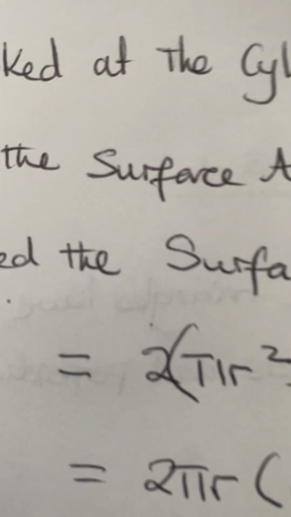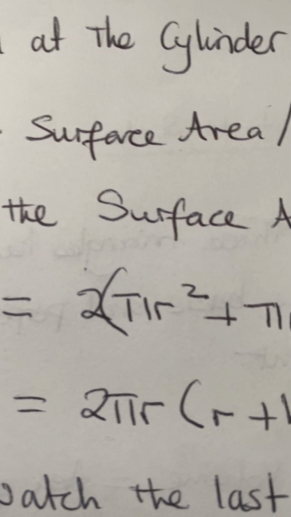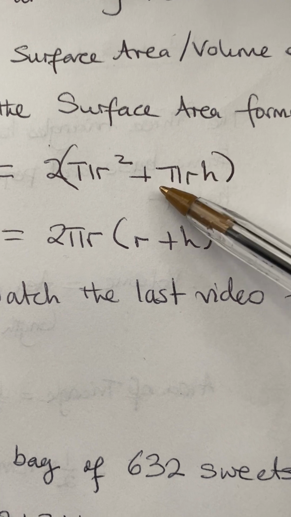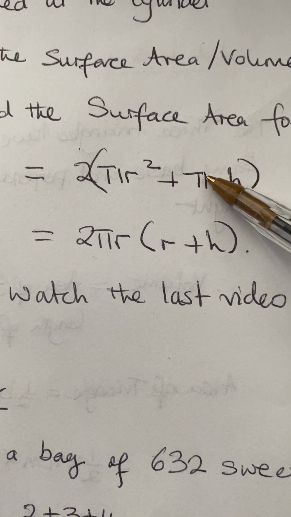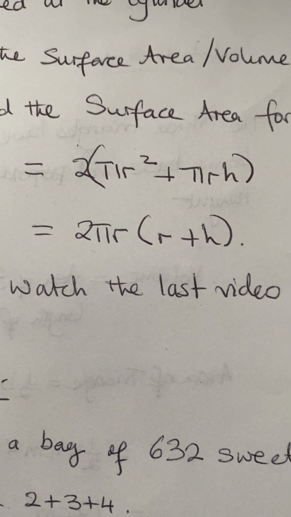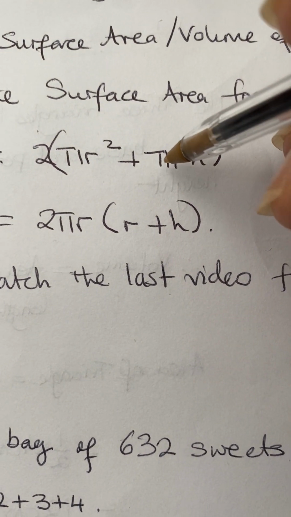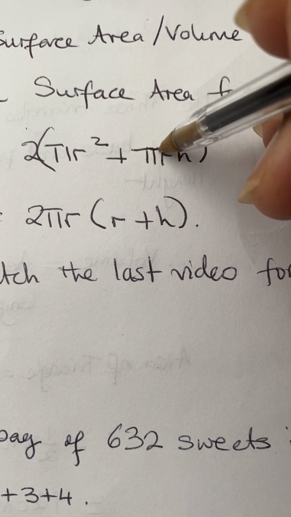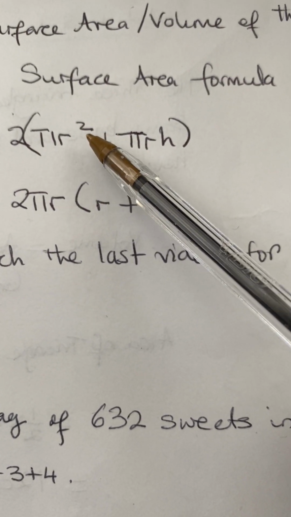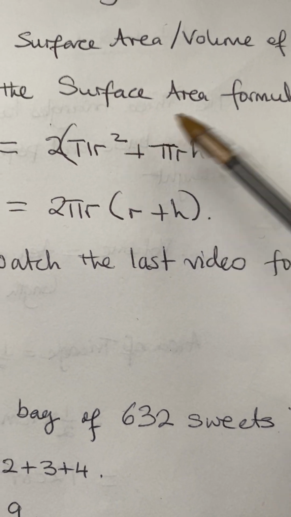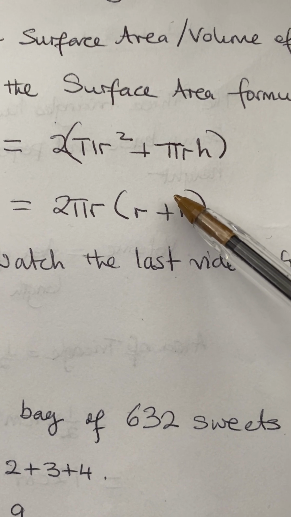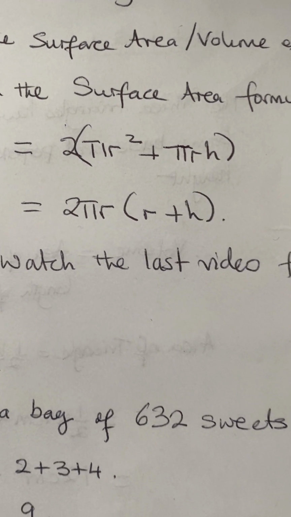And then I asked you to update your flashcard. So this is the area. You can use this one, the surface area of the cylinder. This is pi. You can use this formula or that formula, whichever is easy for you to learn.